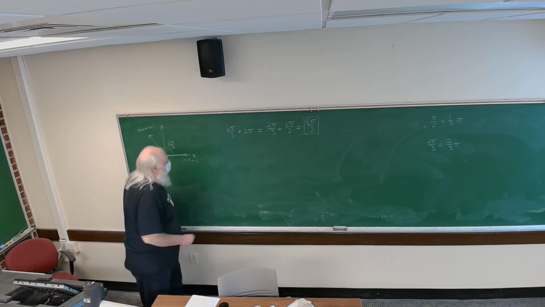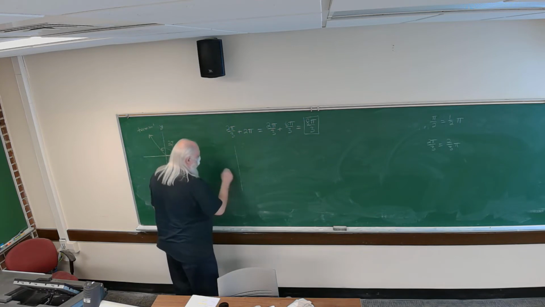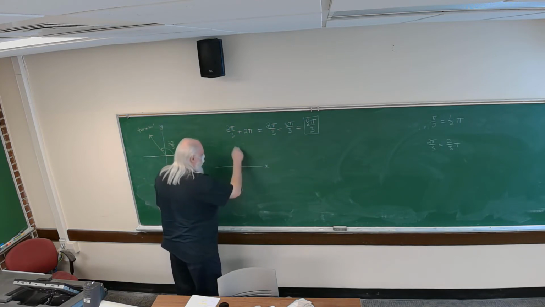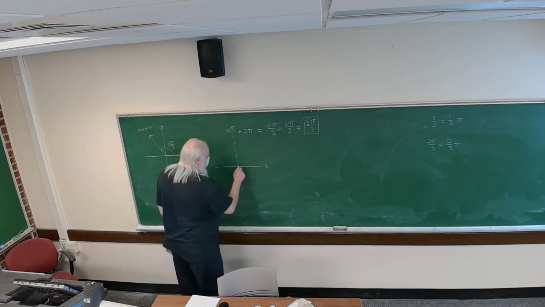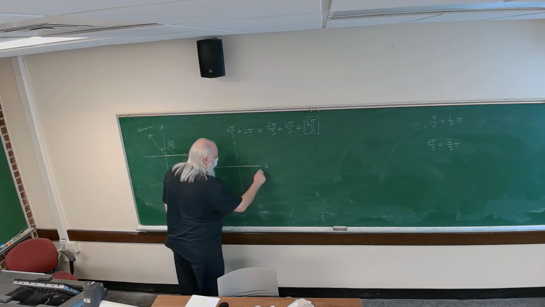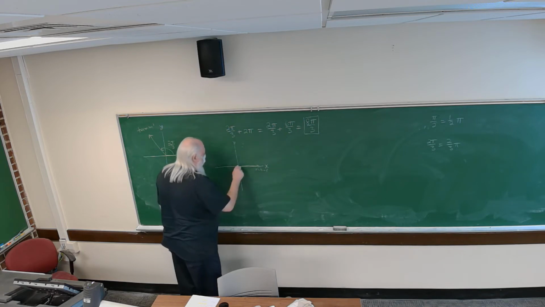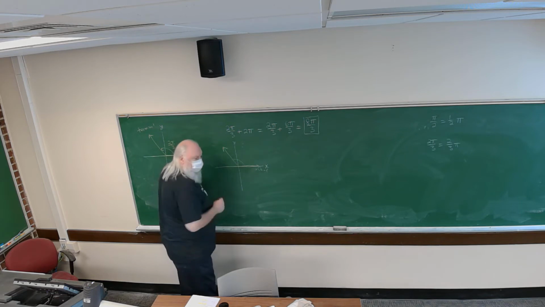Okay. If I were to draw that angle, which I'm about to do, here's the initial side. Here's the angle, right, from here to here is the angle 2 pi over 3.